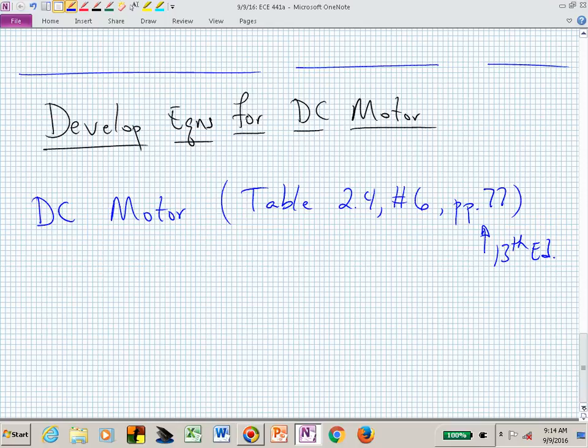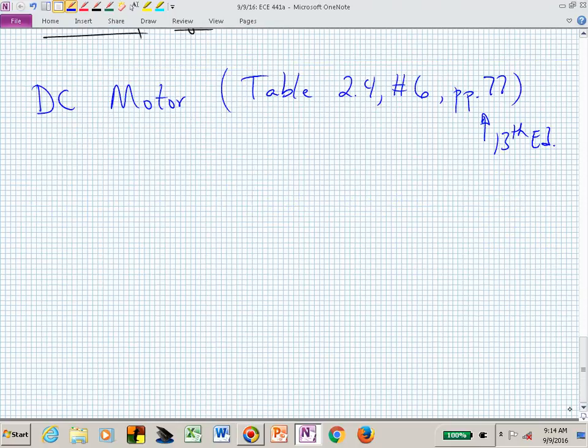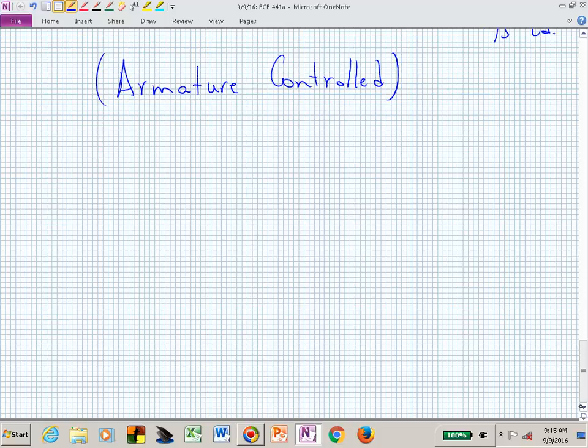Maybe a different table, maybe a different page number in other editions of the book, but this one is an armature-controlled DC motor versus having to control it via the field. And the way that we will introduce any excitation in the motor with the field is by means of a permanent magnet.